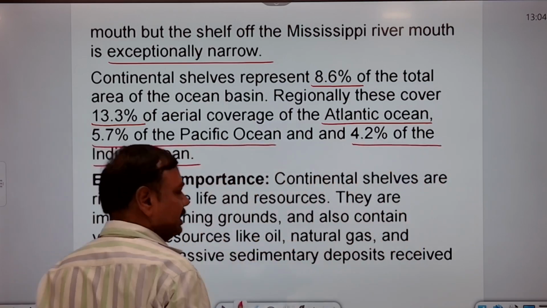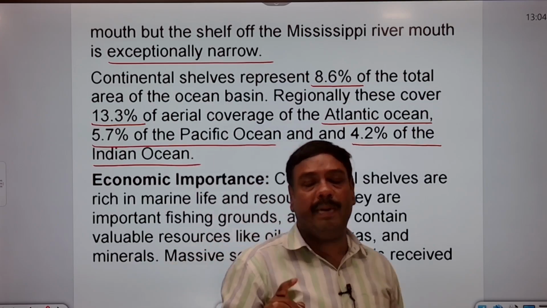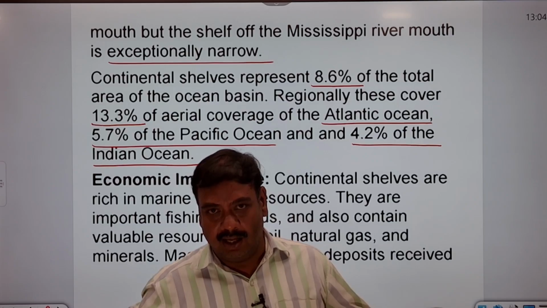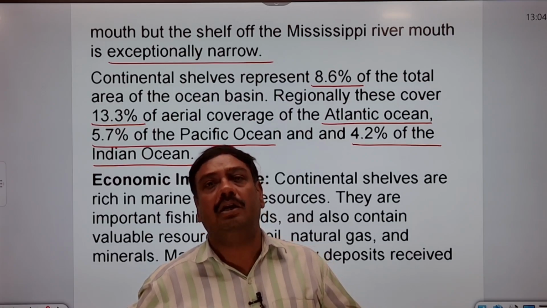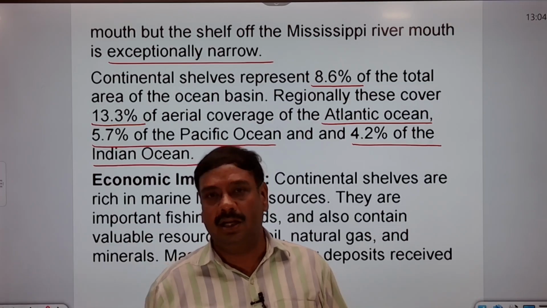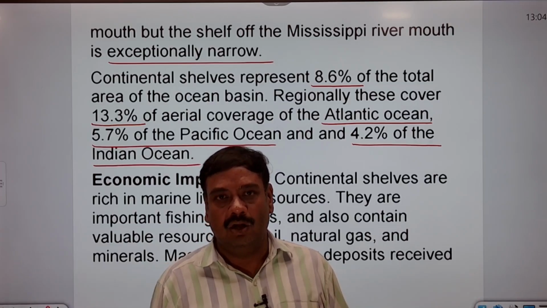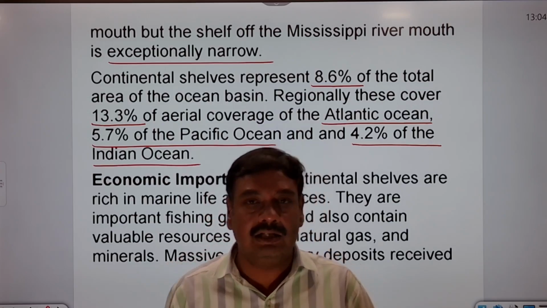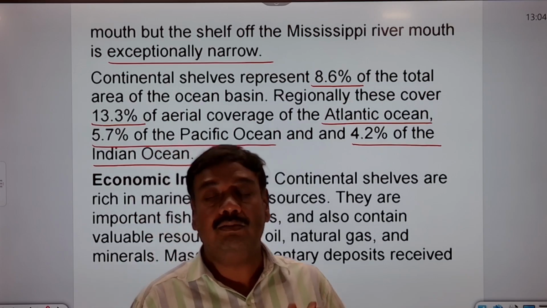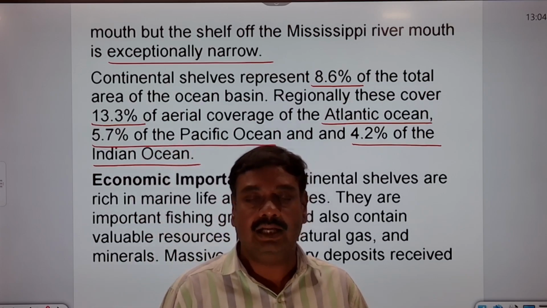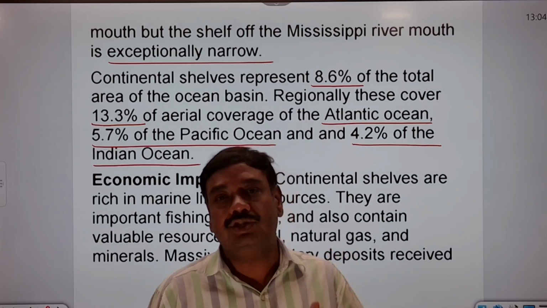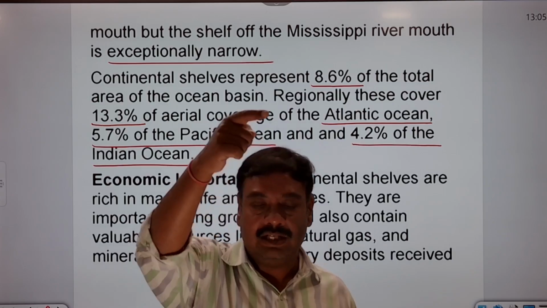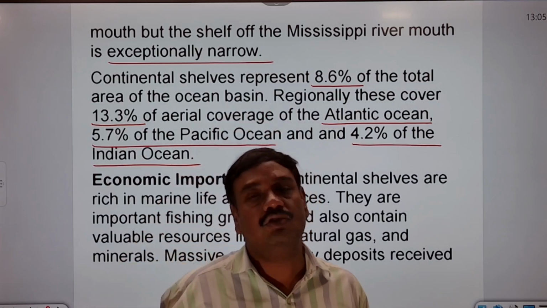It is very obvious that the Pacific Ocean is the largest ocean, and where can we find the continental shelf? Only along the marginal area. If I ask you which is the eastern margin of the Pacific Ocean, you can say the eastern margin is found along the west coast of North America and the west coast of South America.